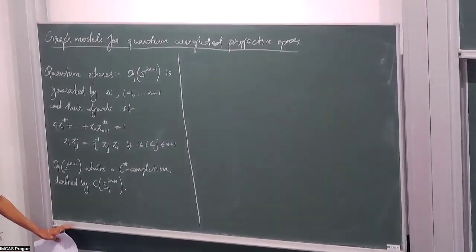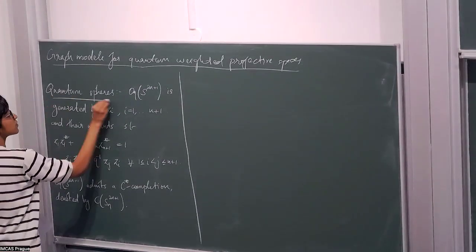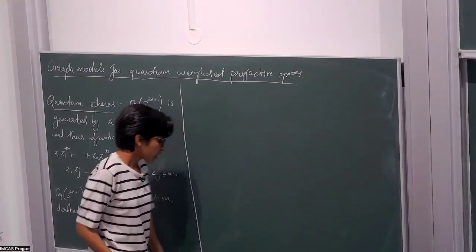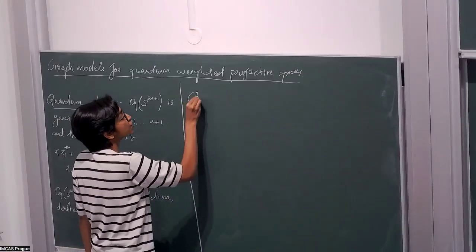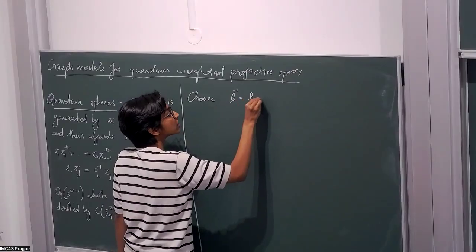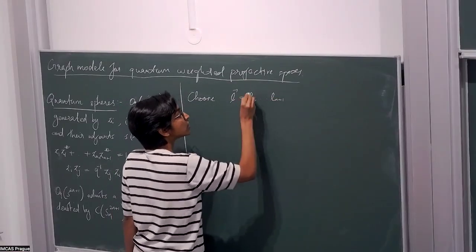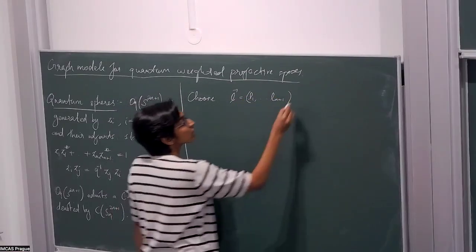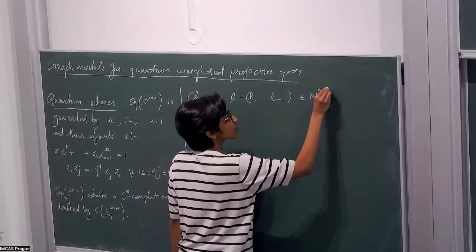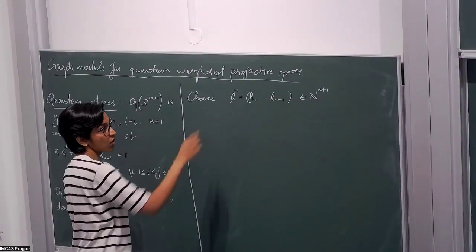So now we have the quantum sphere, and we can now define an action of the circle here. So first choose L in N^{n+1}. This is what I will call a weight vector.